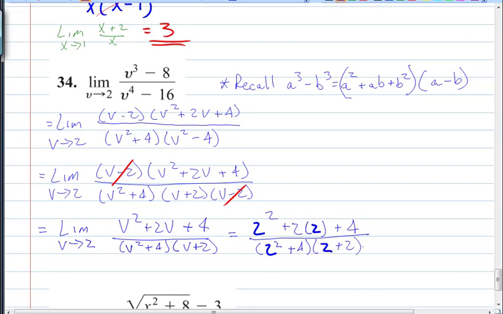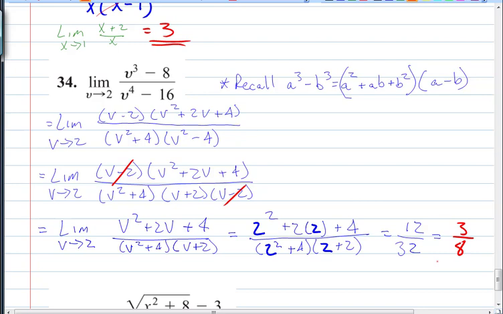Do you see what just happened now? This ends up being, let's see, 4 plus 4 is 8, plus 4 again is 12, over 2 squared is 4, plus 4 is 8, times 4 is 32. 12 over 32 reduces to 3 over 8. 3/8.